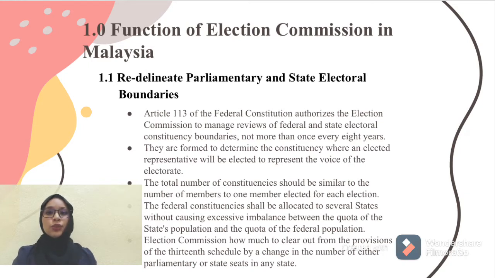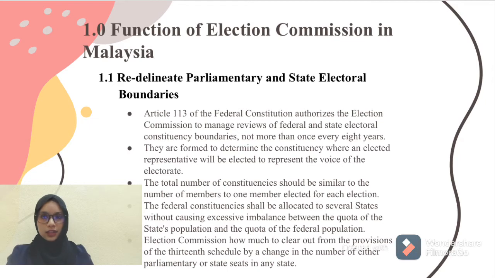The total number of constituencies shall be similar to the number of members elected. The number of constituencies in the states of Malaysia is determined in accordance with Article 46 and the 13th Schedule, and shall be allocated to each state. The constituencies shall be allocated to the several states in such a way that the voter quota for each state is as close as possible to the voter quota for the Federation, without causing excessive imbalance between the quota of the state's population and the quota of the federal population.